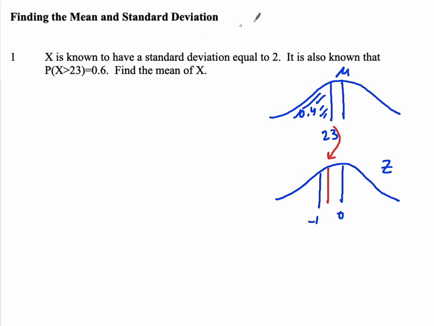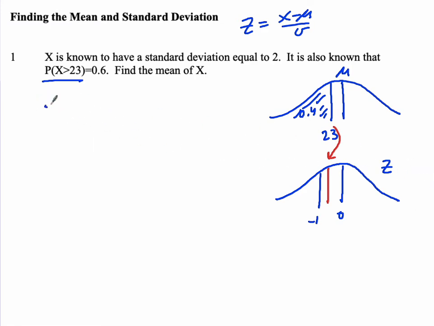Okay, so what we do is we use the z-score formula. Z equals x minus mu over sigma. Okay, and we know the x value, so let's just put that in.